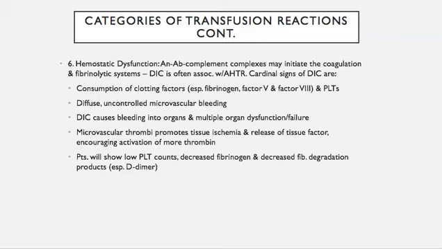So it's like all of these little tiny bleeds all over the patient's body. DIC causes bleeding into the organs and multiple organ dysfunction or failure because of those bleeds. Microvascular thrombi promote tissue ischemia and release of tissue factor, which encourages activation of more thrombin. So patients will clinically present with low platelet counts, decreased fibrinogen, and increased fibrin degradation products, so especially your D-dimer.